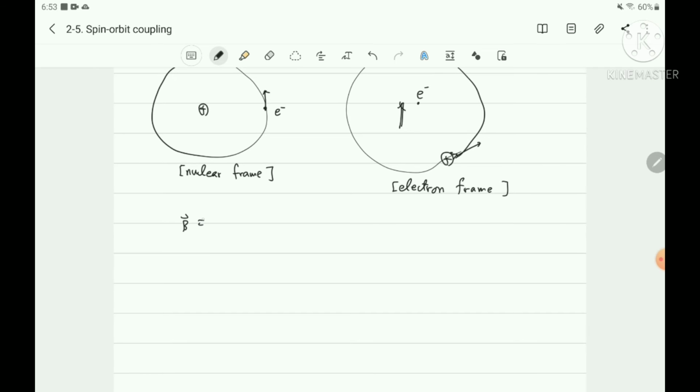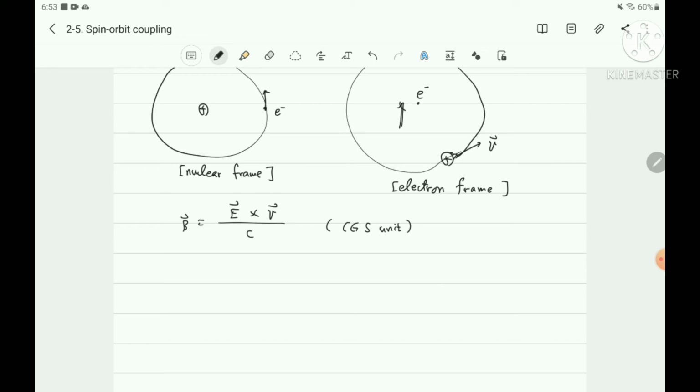And from special relativity, the magnetic field can be generated from the velocity v and the electric field: B = E cross v over c, in CGS units.